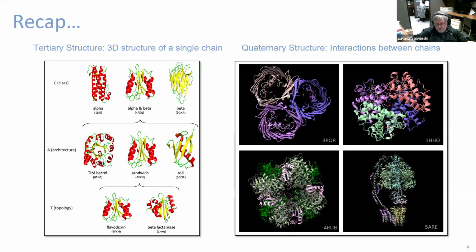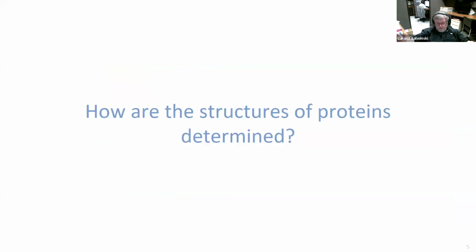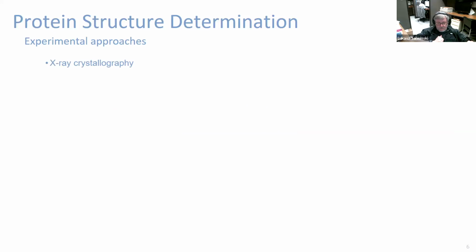Now, how do we know that they look like this? In our case, we went to PDB and got records with information about individual proteins, but where did they come from? Well, originally the oldest method that was used to determine protein structures was X-ray crystallography.